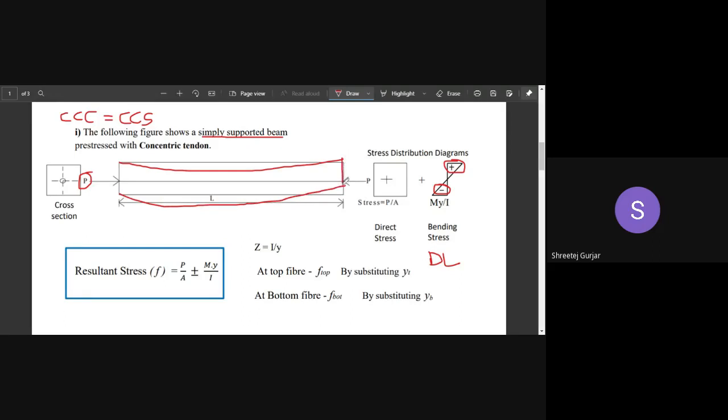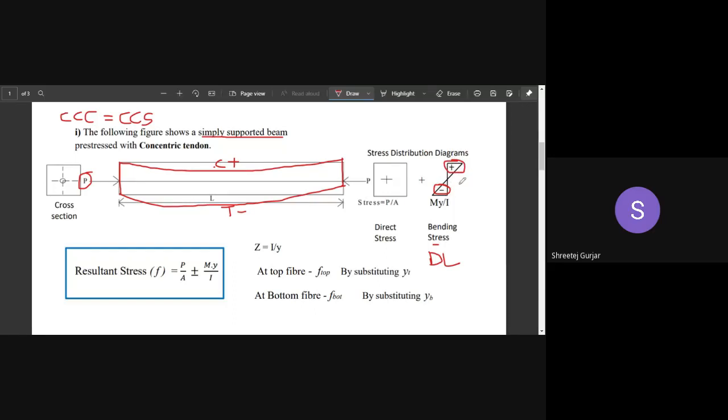Because of this sagging, compressive forces will be generated at the top fiber, and tensile forces will be generated at the bottom fiber. What we have decided is that compressive forces are positive and tensile forces are negative, and hence it is positive at the top fiber and negative at your bottom fiber.